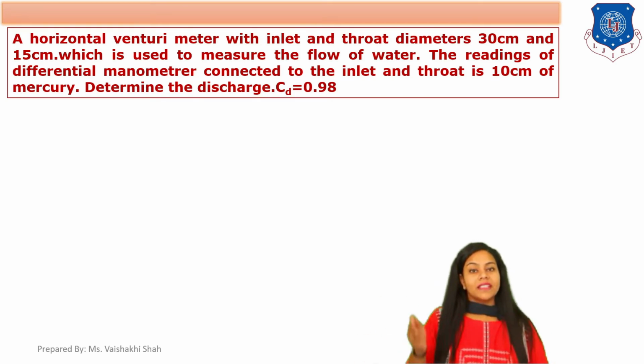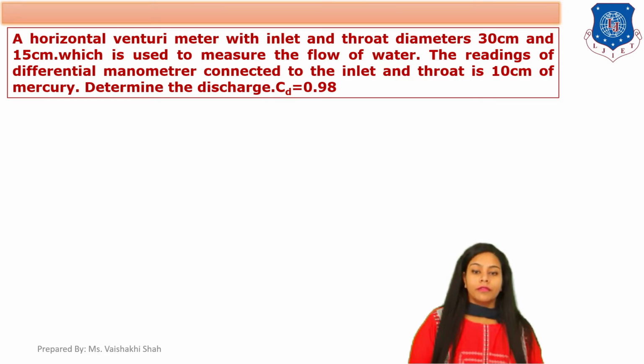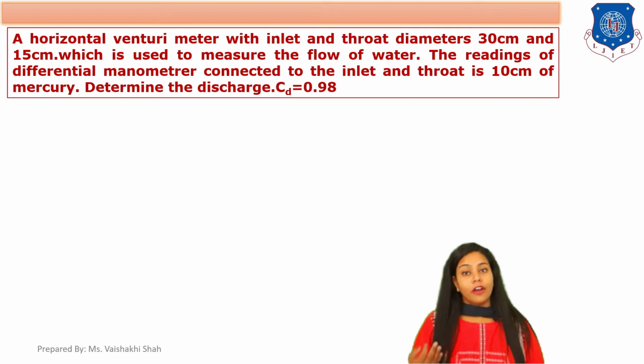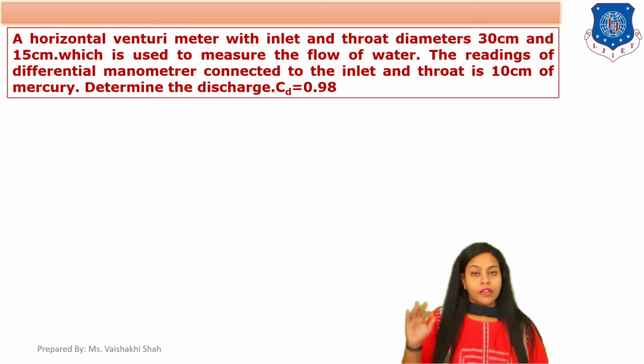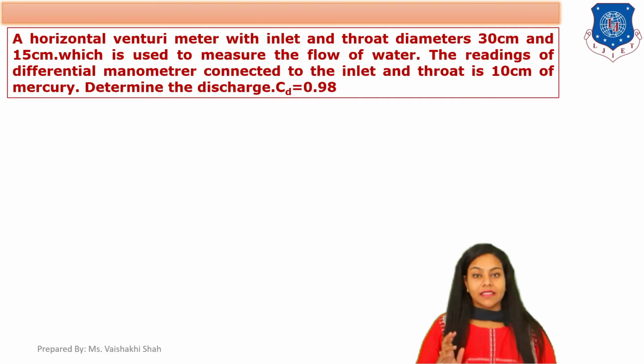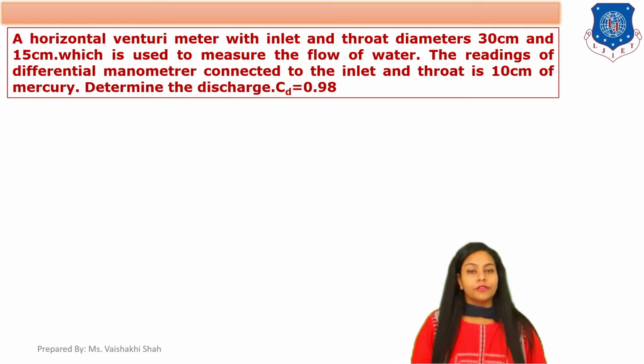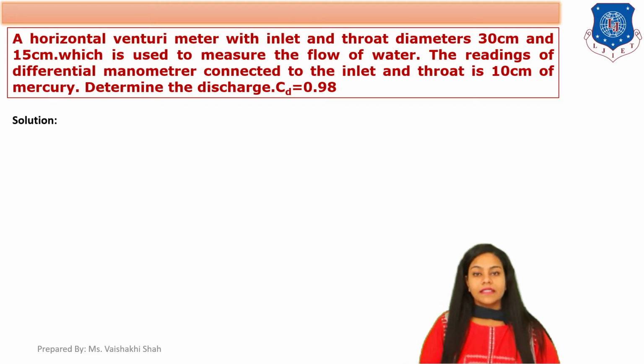Now Venturimeter is used to measure discharge of the water. Here the reading of manometer given to you is 10 cm. So reading of manometer is denoted as X, and CD is 0.98. Here we have to find out discharge, that is Q. So let's start our example.